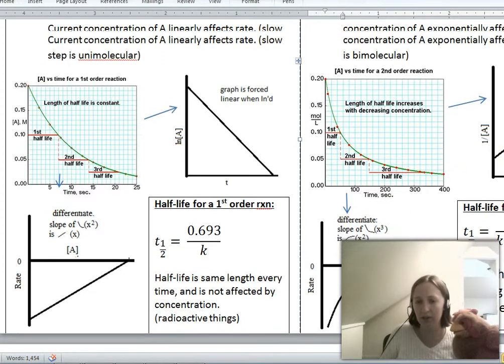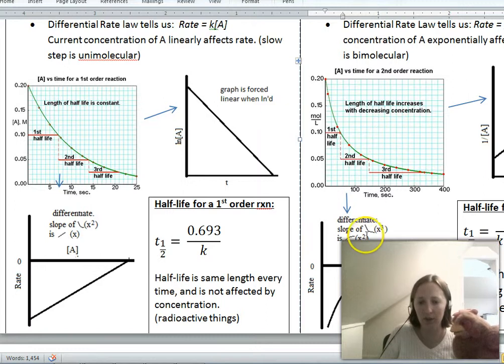And in terms of the relationship between the integrated and the differential rate laws, if you graph the slope of this graph here, you will end up with the rate versus the concentration, and what you get is a squared graph. This isn't a very beautiful squared graph because I had to draw this in Paint, so this isn't a perfectly shaped squared curve.